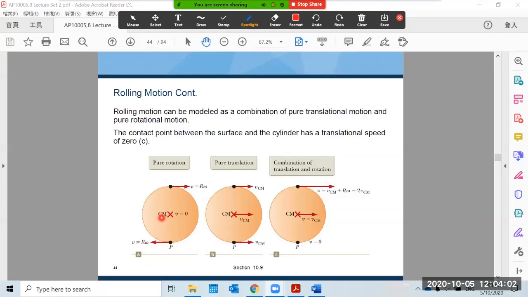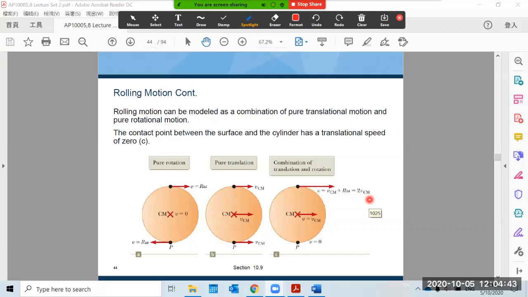At the same time, due to the rolling motion, the whole cylinder would be moving forward with v(cm). So all the particles would be moving forward with v(cm). So altogether, to an independent observer from the outside, he would see the center of mass moving with v(cm), but the bottom particle is moving with 0 velocity. The top particle would be moving with 2v(cm). So that is the combination for the motion.